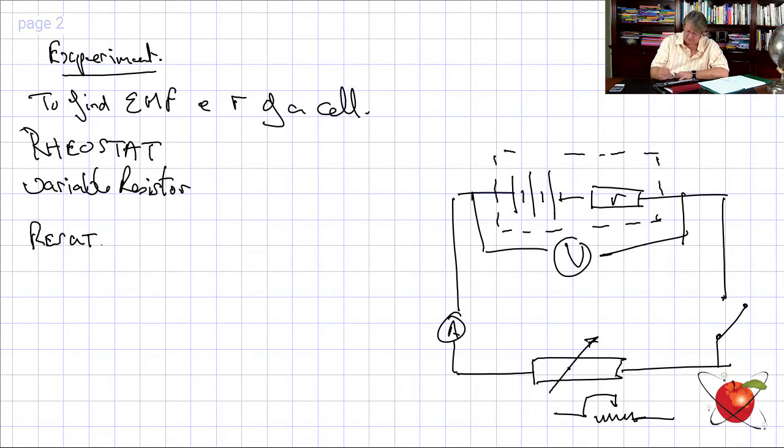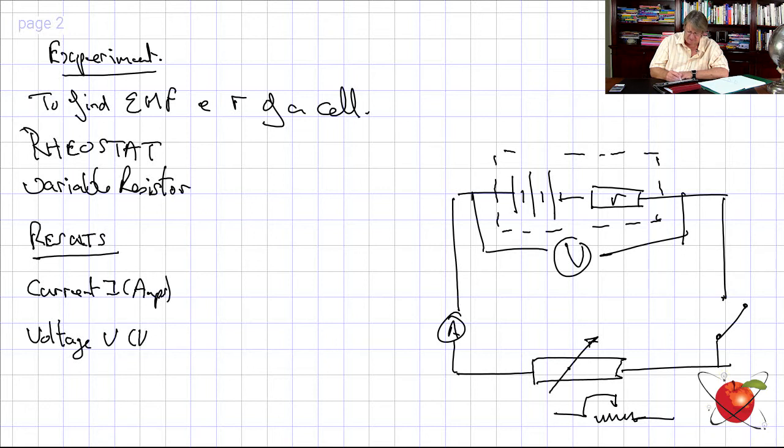We've got current, I, measured in amps, and voltage, V, measured in volts, and we get a set of readings.